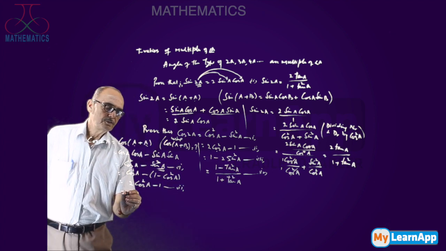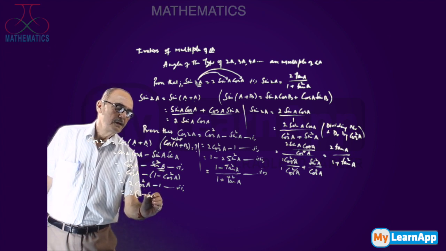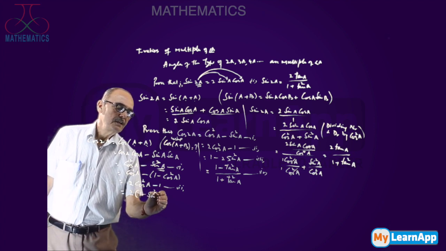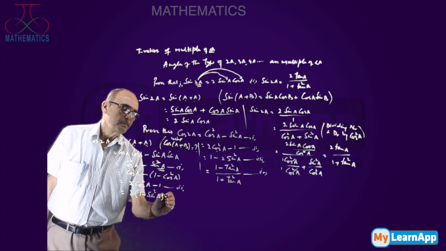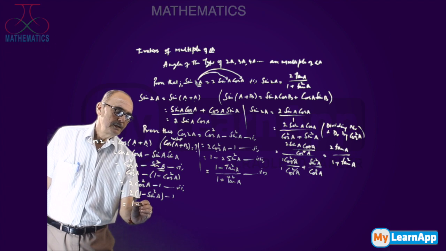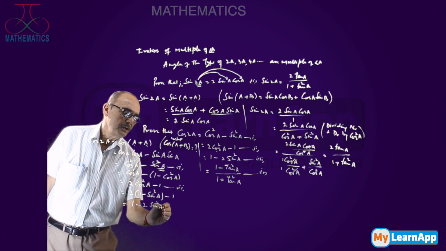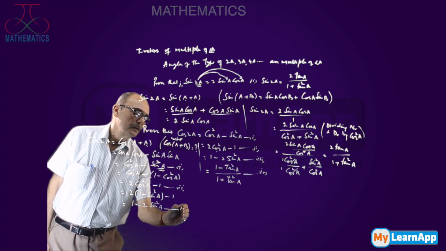So, replace cos square A by 1 minus sin square A, minus sin square A, and when you simplify, you get 1 minus 2 sin square A. So, number third.